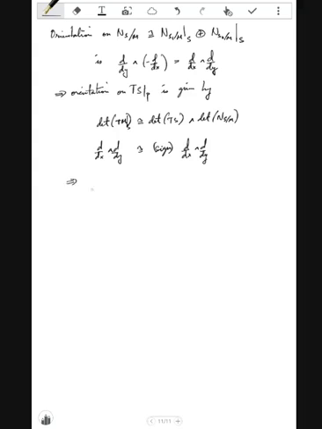So this implies P1 is given the sign plus.